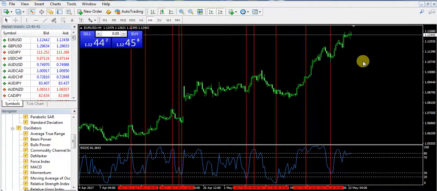A quick recap. Relative Strength Index, or RSI, shows us how vigorous the trading on a specific instrument is.